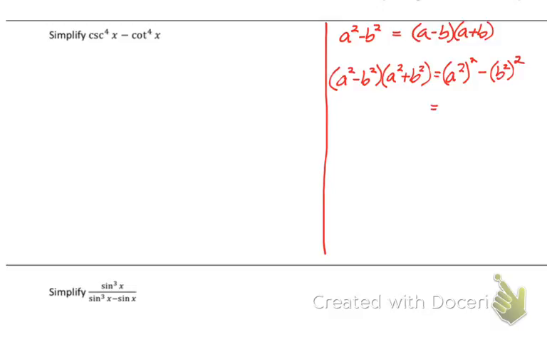If I have a power to a power, you multiply them. Even if you got this wrong and you added them, you still get the right answer, but you do multiply them. So this is really a to the fourth minus b to the fourth.